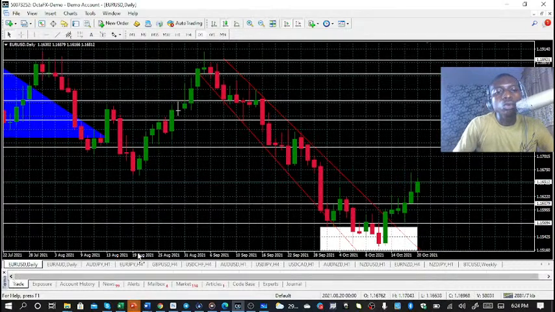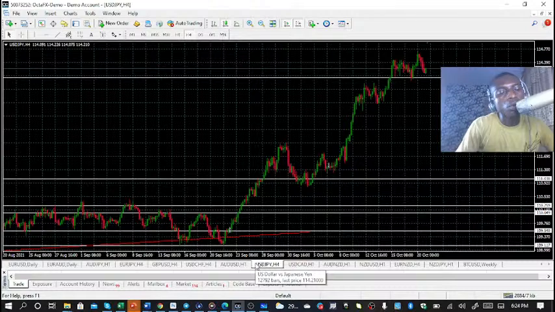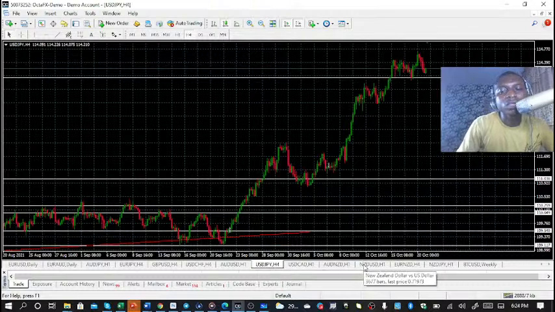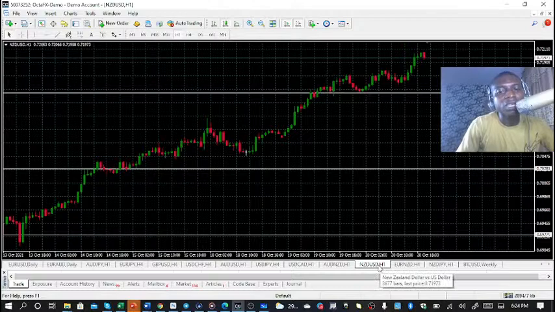You want to look at what's happening on the USD JPY, or what's the relationship between the New Zealand dollar and the US dollar.